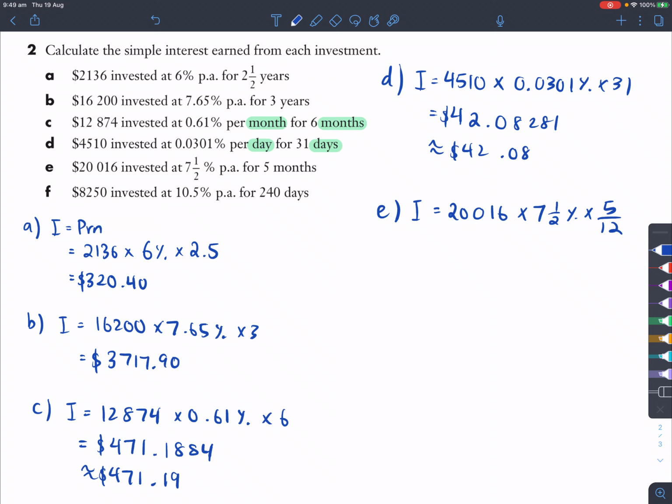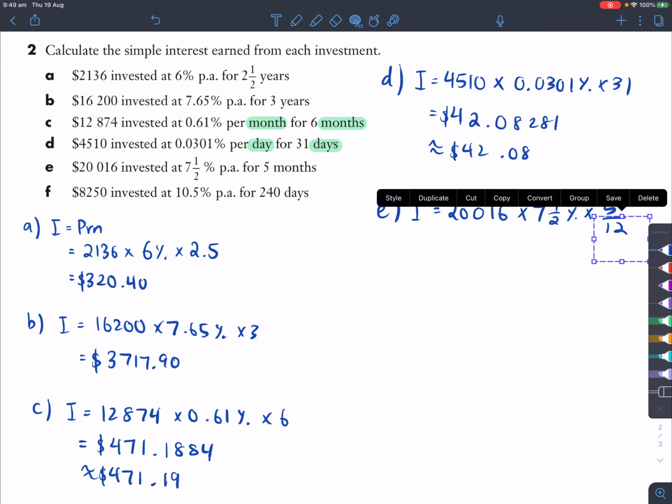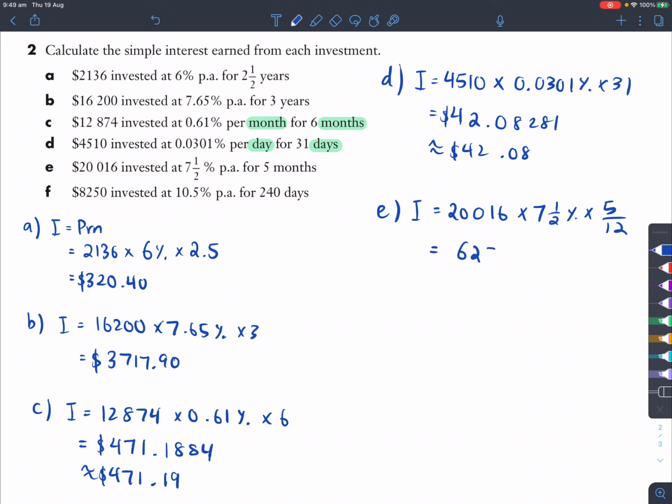It's just a fraction of a year. Alternatively, you can divide the percentage by 12, which gives you a monthly percentage, and multiply by 5 months. So either way works. If we do that, we get $625.50. This is the amount of interest that they earn.